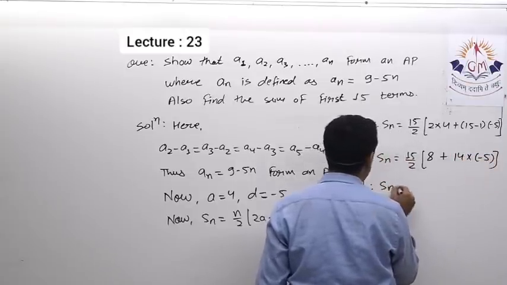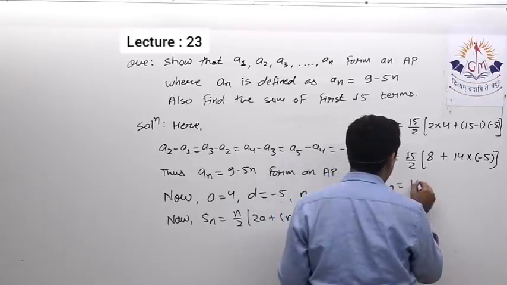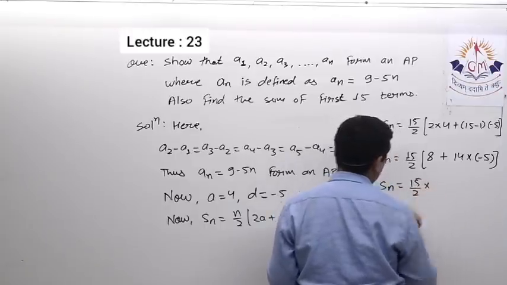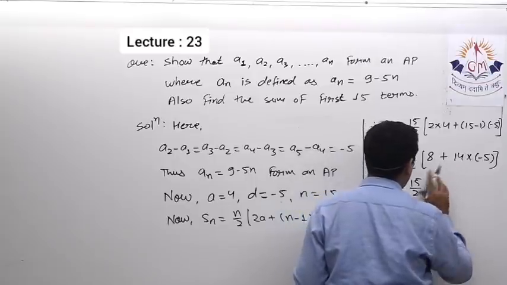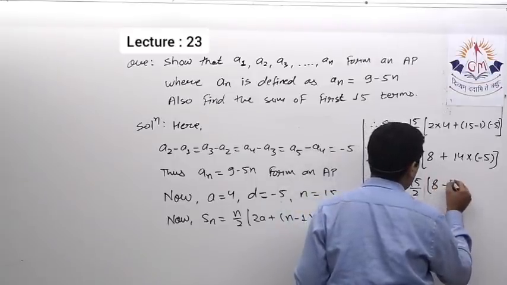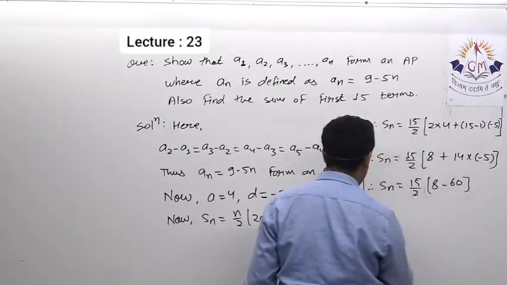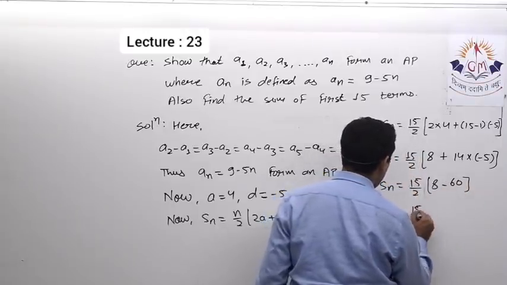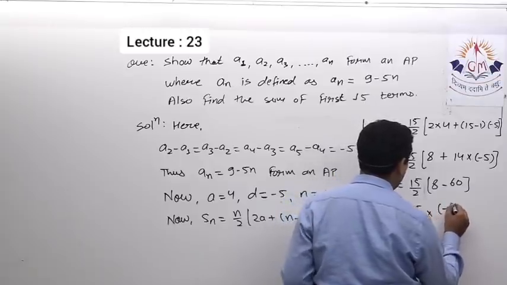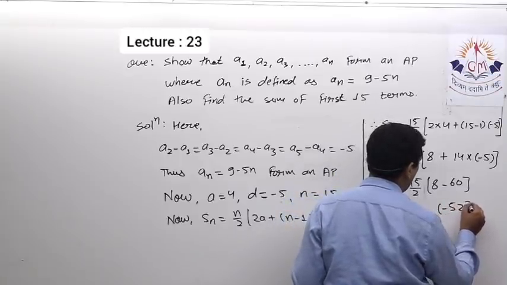So Sn is equal to 15 by 2 into 8 minus 70, which is minus 62... Sn is equal to 15 by 2 into minus 52.